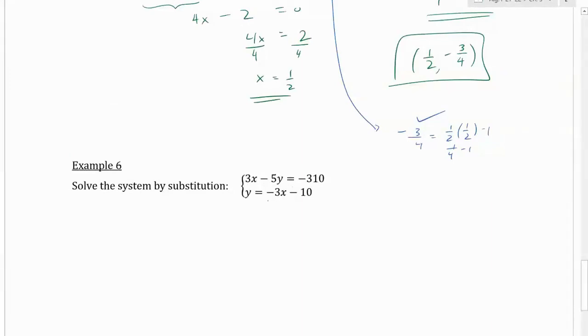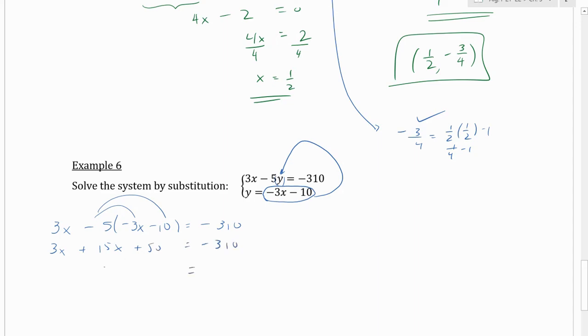Okay, all right, this one. There's y. Plug it right there. And this is the one we started out the lesson with. Distribute. Here's 18x plus 50.